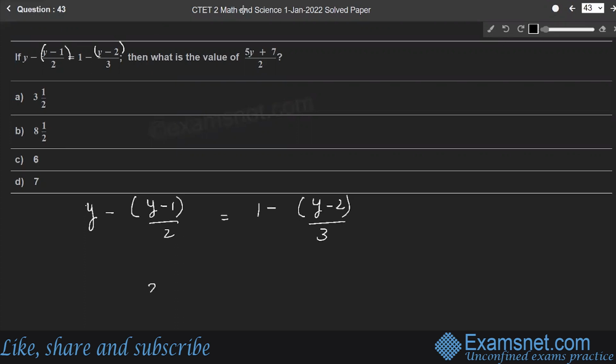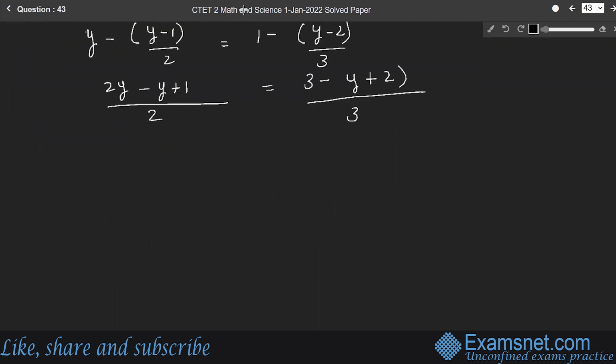By taking LCM, 2 times (y minus 1) is 2y minus 2... So 2y minus y is y, plus 1 by 2 is equal to 5 minus y by 3.